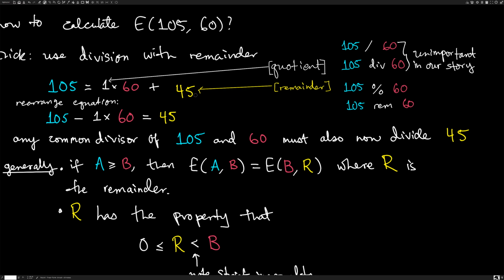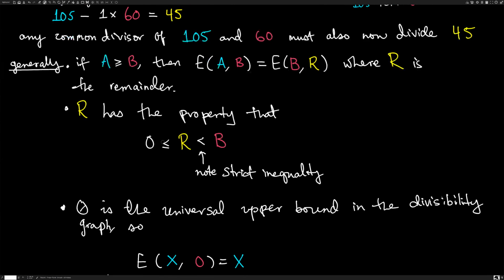In that case, the quotient properly would be 2. So instead you would write 121 is equal to 2 times 60 plus 1. If you overflow, then you increment the quotient, and you can always get R so that it is between 0 and B. It could be 0, but it can never be as high as B.